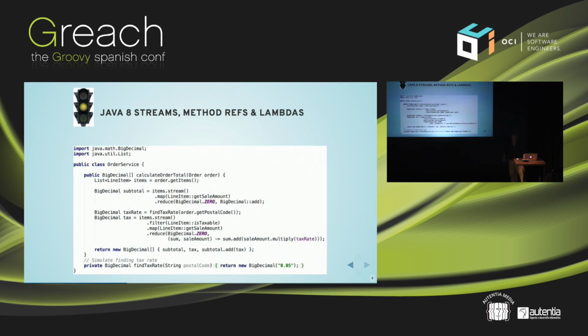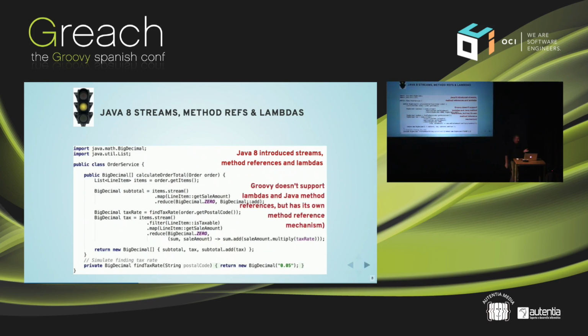Java 8 also introduced streams, method references, and lambdas. And we see an example of a method reference here, line item : get sale amount. That's a Java method reference. And then we see here this sum sale amount with the arrow. That is a lambda expression.